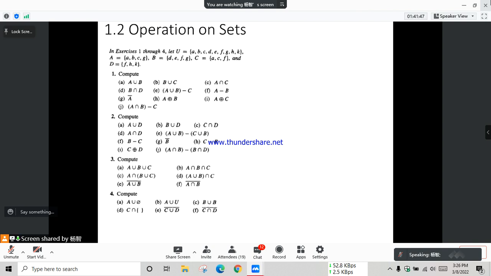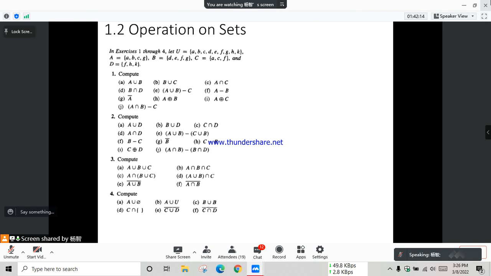Look at exercise 1. Can we just calculate exercise 1? Do it by yourself.